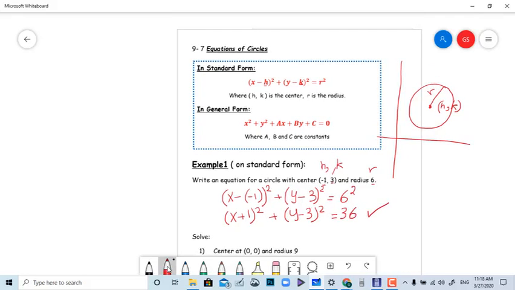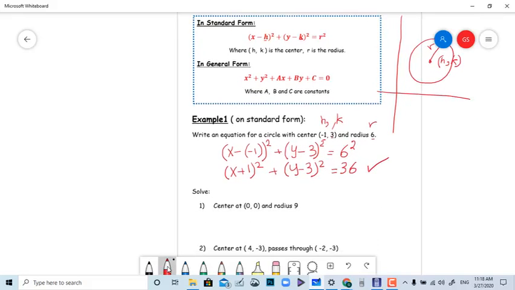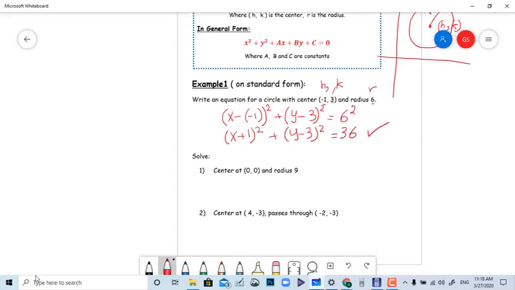Now, I'm going to give you another example. If we have a circle with a center at (0, 0) and radius 9, then my first 0 is h and the second one is k, and my r is 9. Then it's very easy to write the equation.